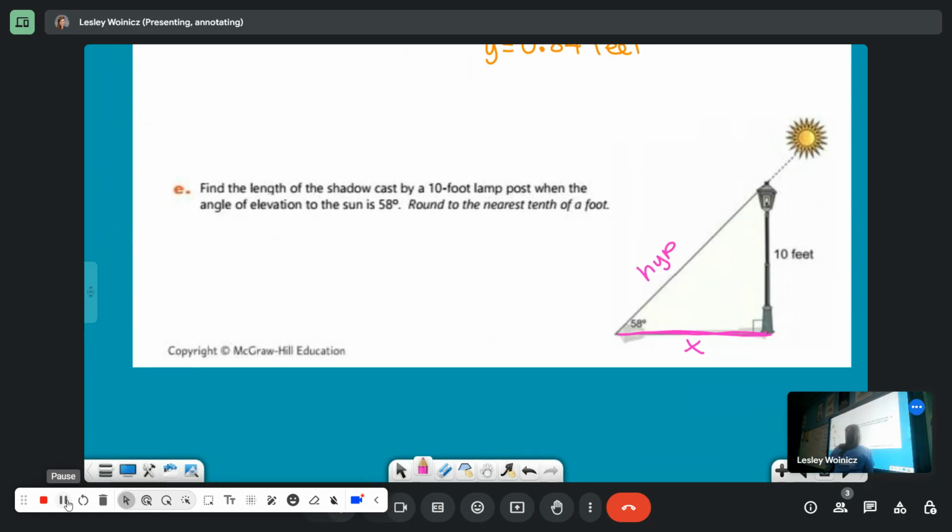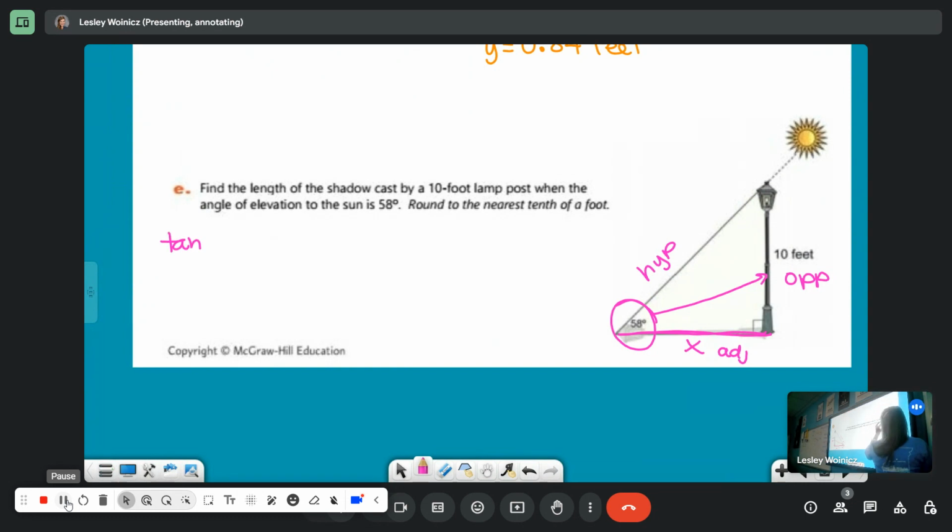Okay? So I have a 58-degree angle. What is this side? Opposite. And then my x is the what? Adjacent. So did I really need my hypotenuse? Which of my ratios compares opposite and adjacent? Tangent.